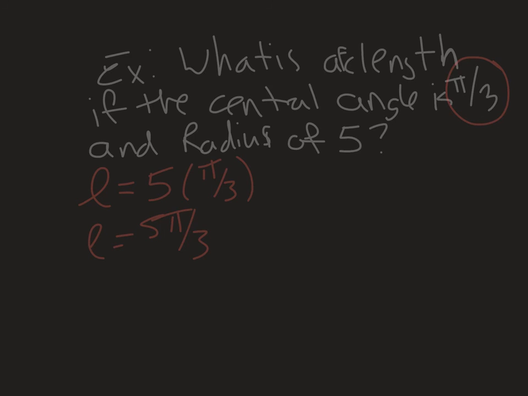Now, alternatively, I picked pi over 3 as a good example because I know that to be 60 degrees. We've talked about that previously in this video. If you don't believe me, go ahead, check it in the conversion formula before we proceed. But hypothetically, just to show you that it works, let's plug this into our arc length formula. So we're going to do 2 pi r times 60 out of 360, and in this case we know the r to be 5.